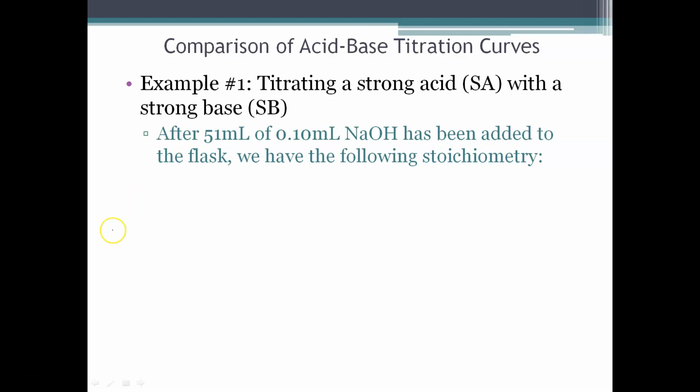Some of this we don't need to recalculate because the initial moles of HCl is what we started with, and we already calculated that a couple slides ago: 0.0050 moles. Now we added 51 milliliters of 0.1 molar NaOH. So let's see how many moles of NaOH we added.